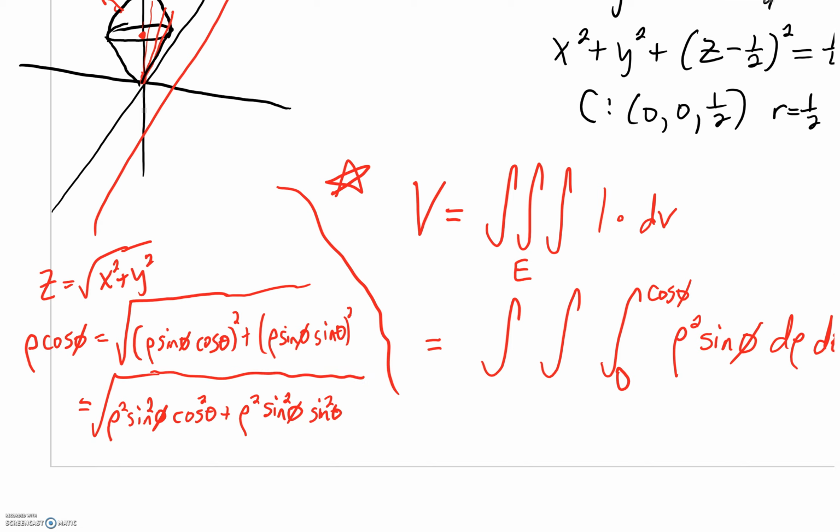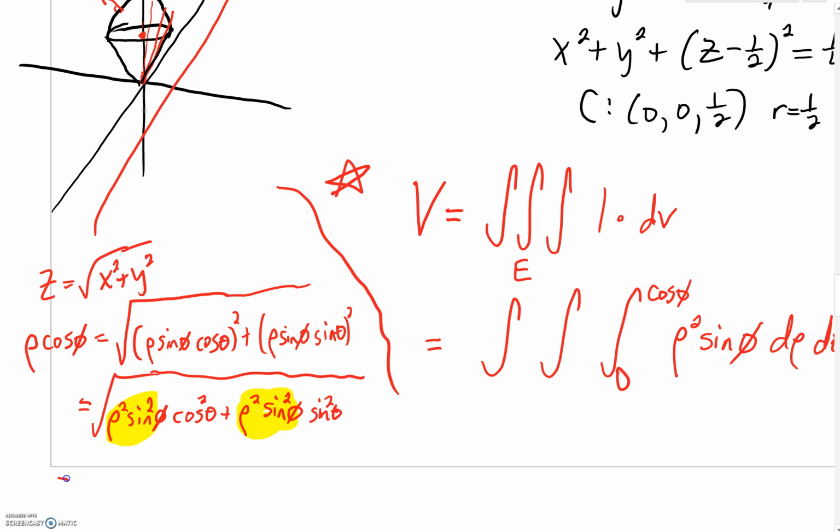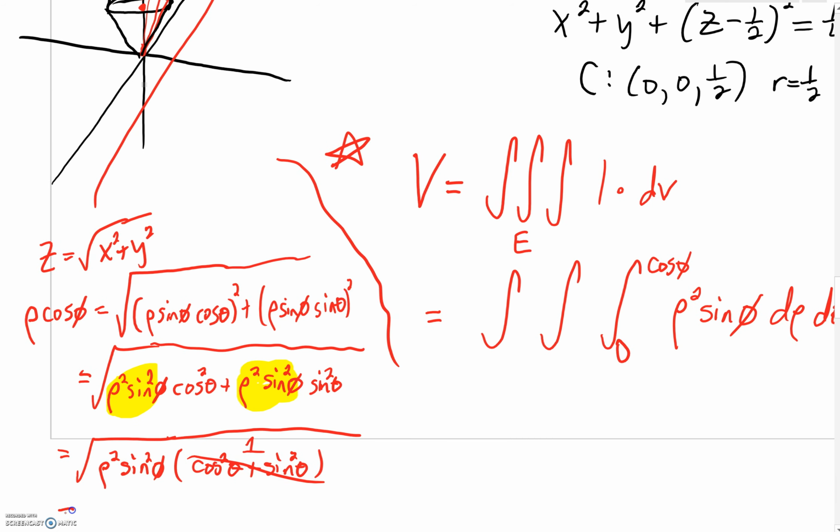I hope what you're noticing is that those two items, the rho squared and the sine of phi squared, show up in both. So I'm just going to factor that out, leaving us with the cosine of theta squared plus sine of theta squared, which, by the way, most famous trig identity of all, that's just a 1. And then very quickly, this square root would just be rho sine of phi.